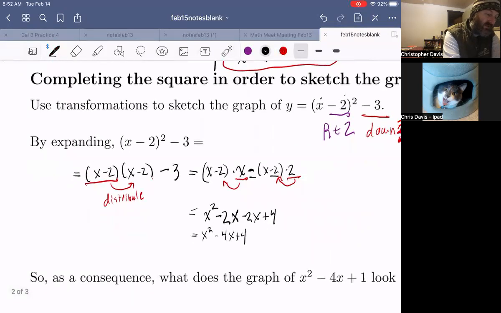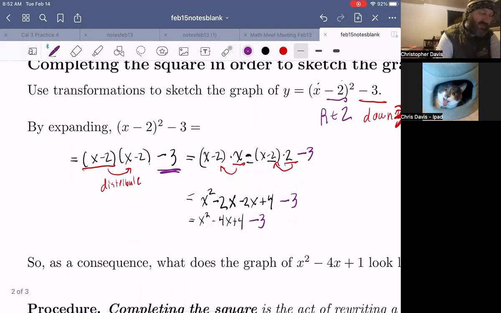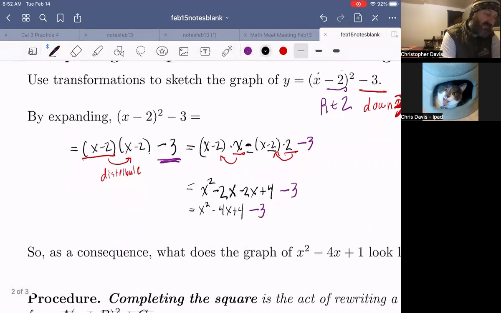Oh, and I lost the 3. Right, there was a plus 3 next to all of those. All right, so finishing this up, 4 plus 3 is 7, equals x squared minus 4x plus 7.